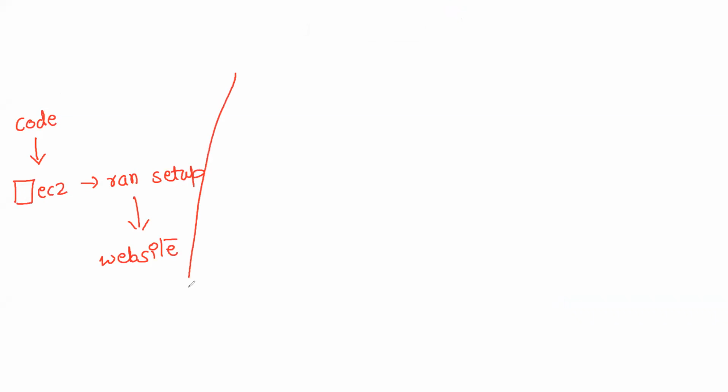Now I will answer the question, why is DevOps required? If you have observed the whole process that I have done, you will see that I ran a bunch of commands, correct? You might have understood it and you might have not understood a few, but they are all Linux commands.